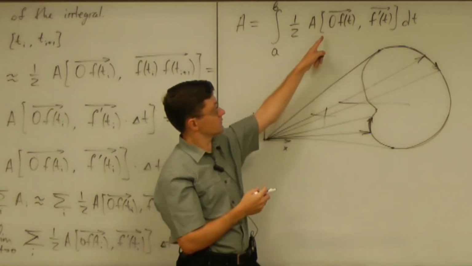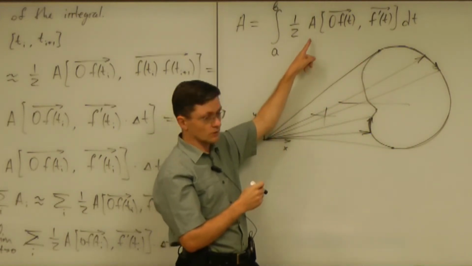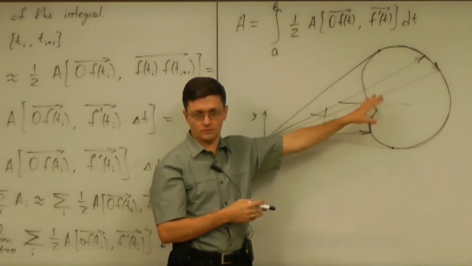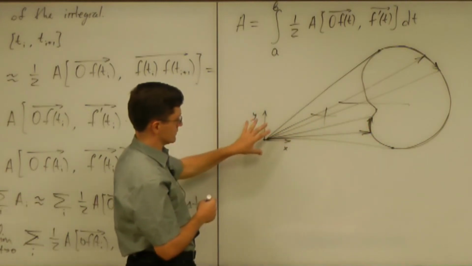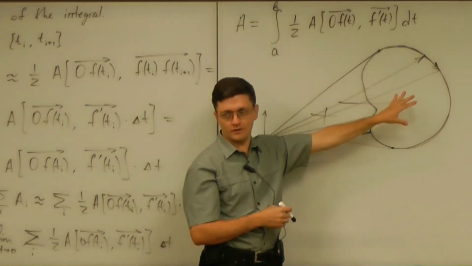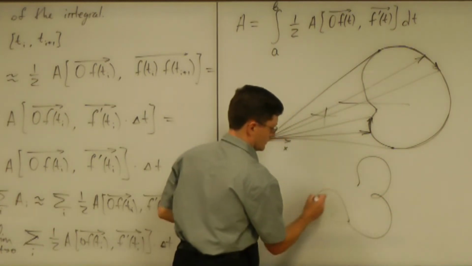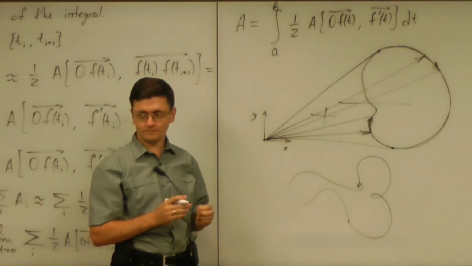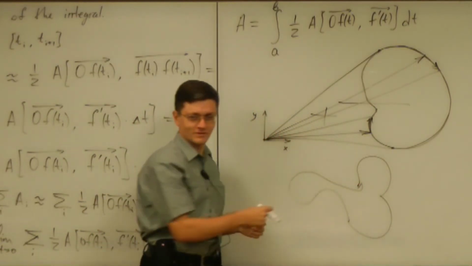So this is exactly the role of the sign that makes the formula work no matter what the shape of your region is. No matter where it is, whether it is around the origin or on the side, whether it is a simple shape or something like that. Well, you have to understand what happens if you have the loops.